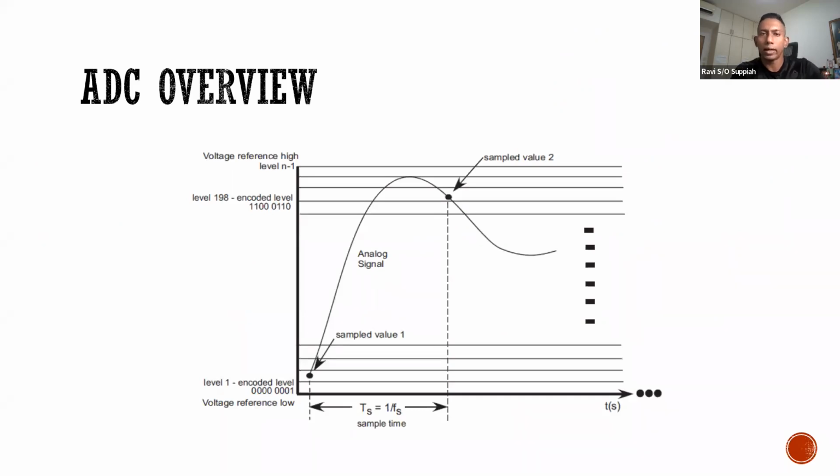Okay, so let's have a quick overview of A to D conversion. The concept is that when we have an analog signal, like what we have here, we want to perform an analog to digital conversion. We want to digitize the signal. To do that, we must sample the signal at specific points, at a periodic interval.